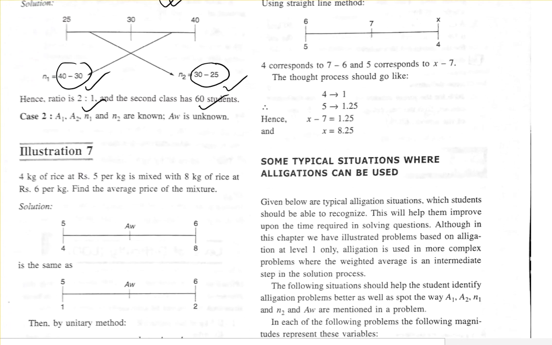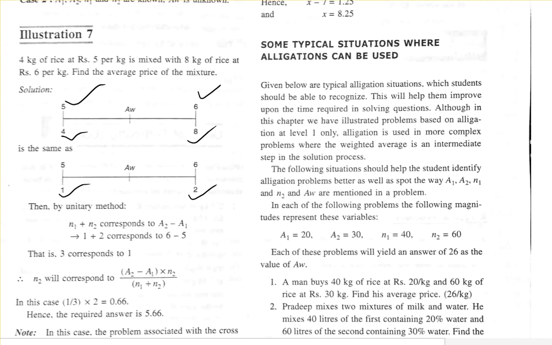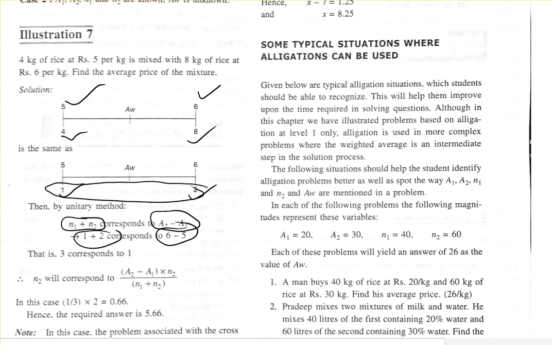The next illustration: 4 kg of rice at 5 rupee per kg, 8 kg of rice at 6 rupee per kg. What is this? 5, 6, 4 and 8. We simplified 4 and 8 and got 1 and 2. By the unitary method, N1 plus N2 corresponds to A2 minus A1. So 1 plus 2, that is 3, corresponds to 6 minus 5, that is 1.